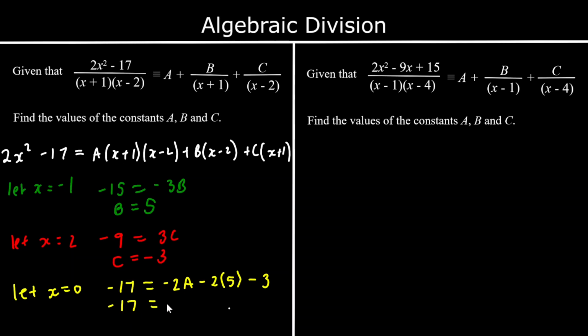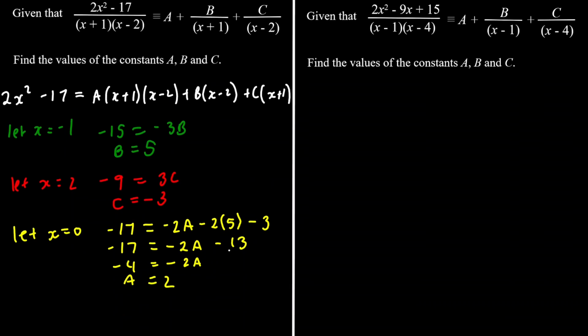So negative 17 equals negative 2a minus 13. Plus 13 to both sides. Negative 4 equals negative 2a. a is 2. So then we can just write down our fractions with a, b, and c in. So it's 2 plus 5 over x plus 1 minus 3 over x minus 2.